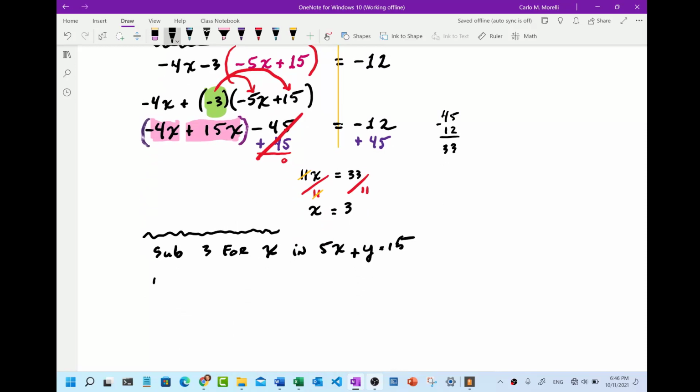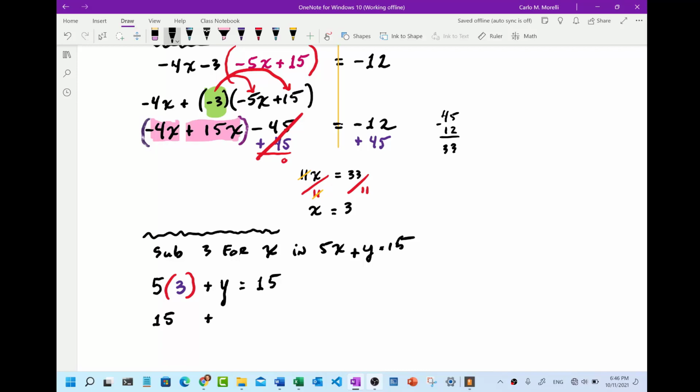I'll write 5 and then open parentheses 3 close parentheses plus y equals 15. And 5 times 3 is 15.